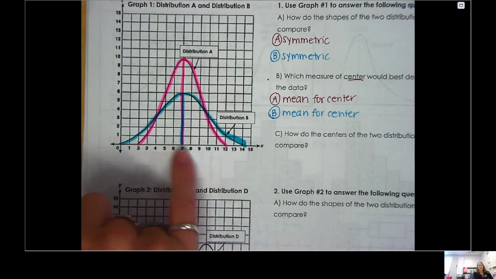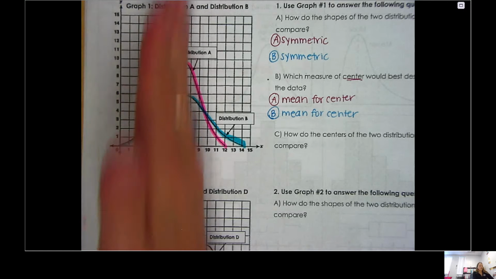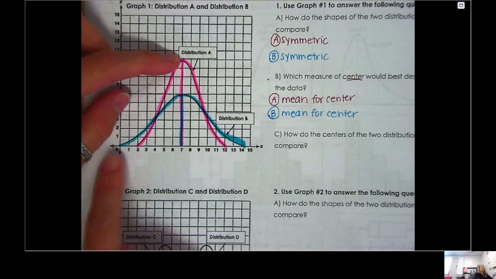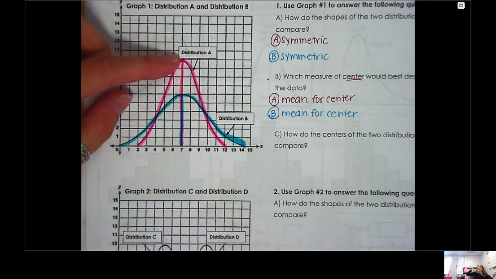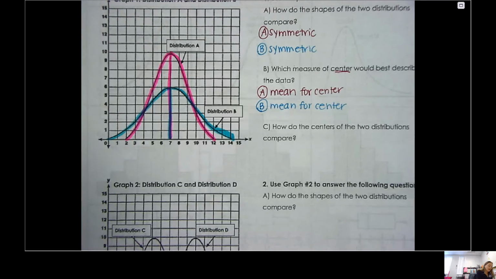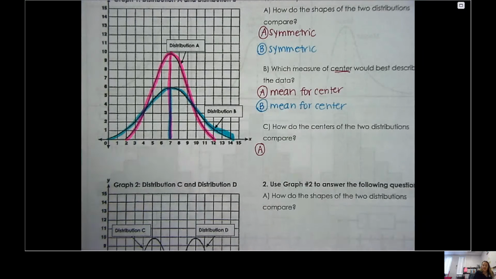Now, what do they both go to on the x-axis? They both go to 7. So while this one has more, a bigger frequency, their center is at the same place. They both go over 7. So my center for graph A is over here at 7.